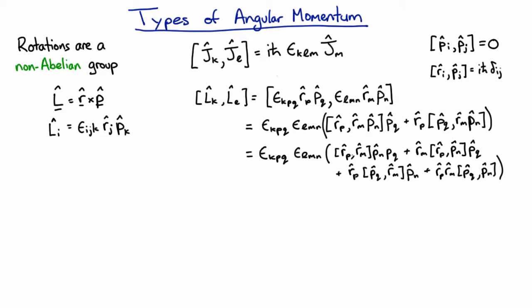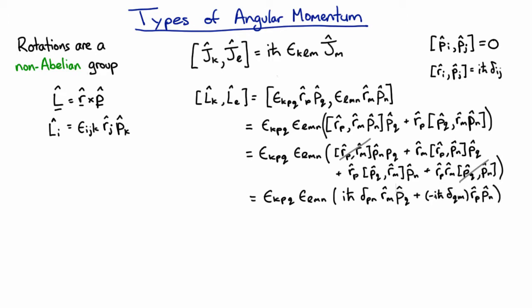As I discussed, those commutations are zero because the momenta commute with each other and position coordinates commute with each other. And we know exactly what these are, where I was careful to include the minus sign when I had the commutator of p and r instead of r and p. Now we can simplify this a little bit by using the summation over the delta functions.